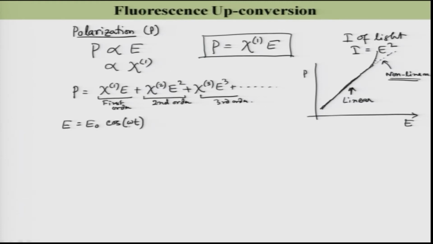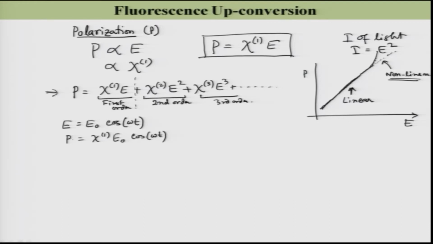then if only the first order term is available, if I approximate that this equation is only till over here, then I will simply write P is equal to chi 1 E 0 cosine omega t.